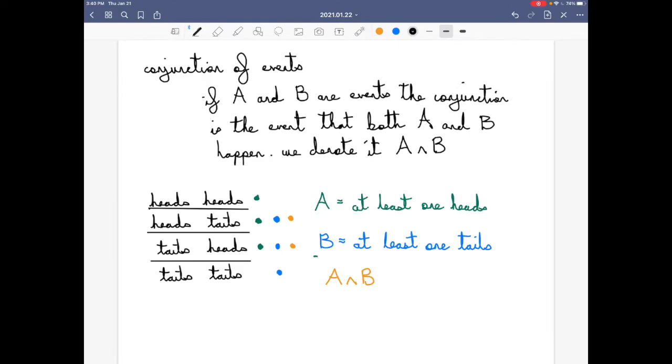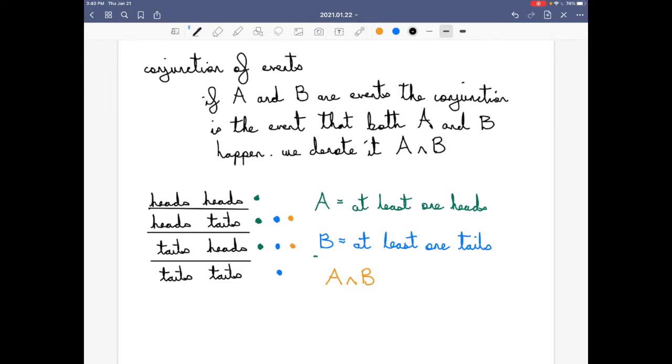And then the conjunction of the 2 events is what we get by looking at the outcomes with both a green dot and a blue dot. Those outcomes where the two conditions defining the two events are satisfied together. And so those are the ones we've marked orange.